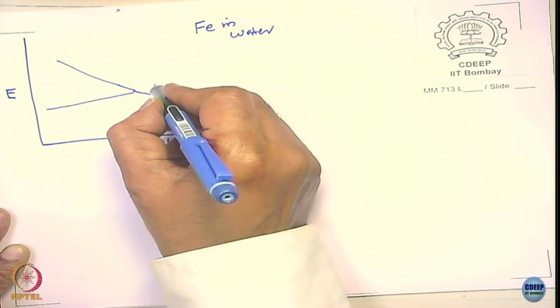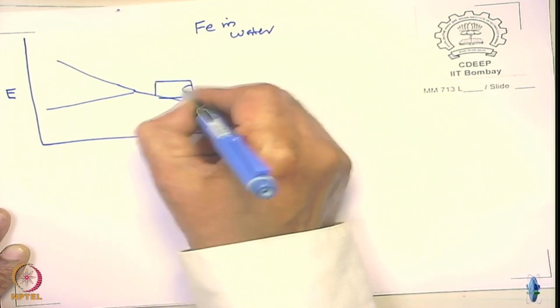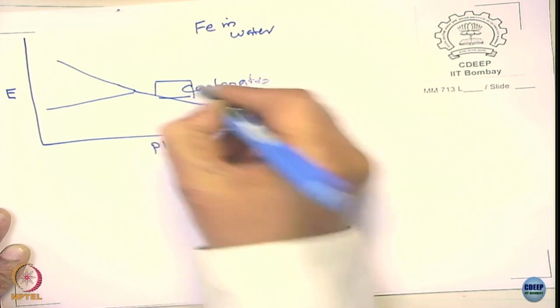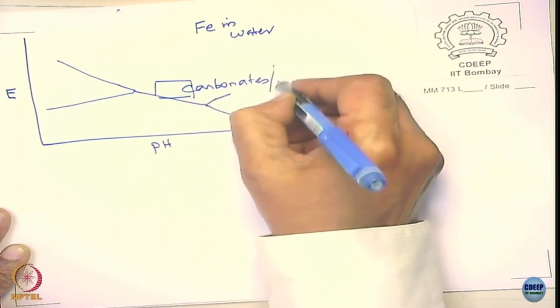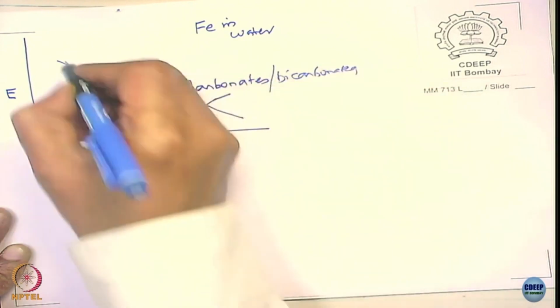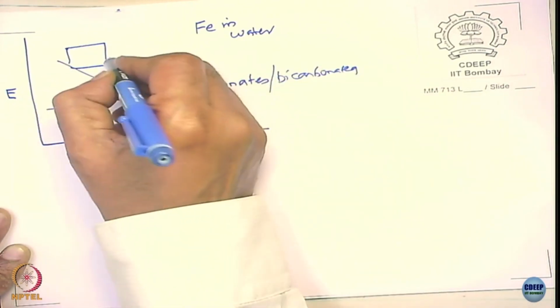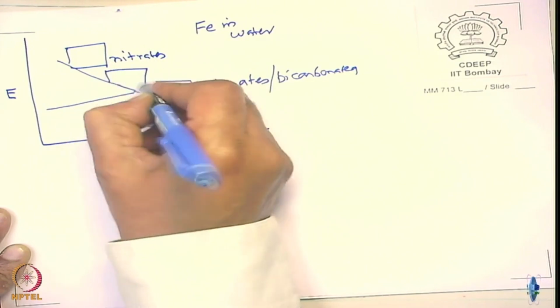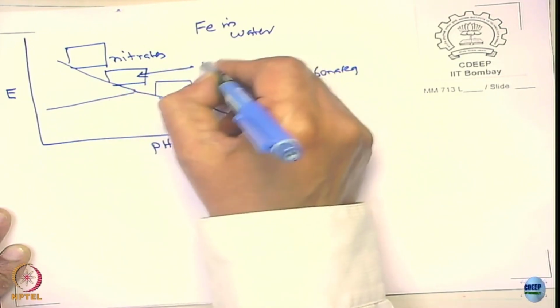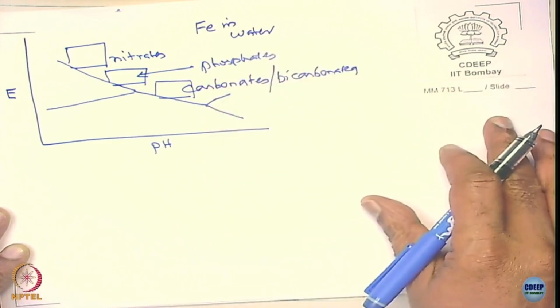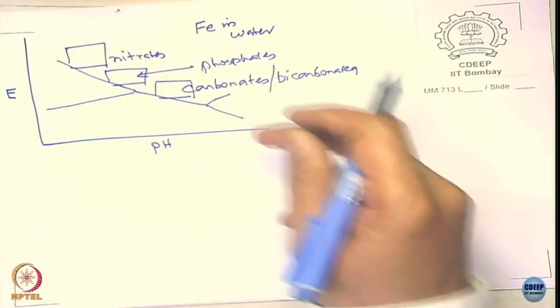So you have carbonates and bicarbonates, you have nitrates, and you have phosphates.